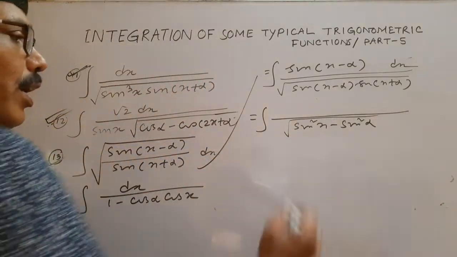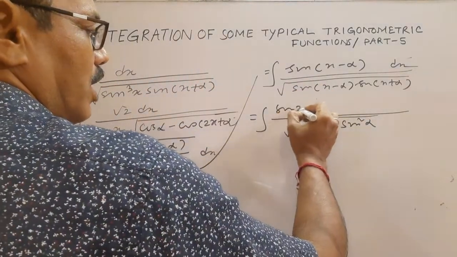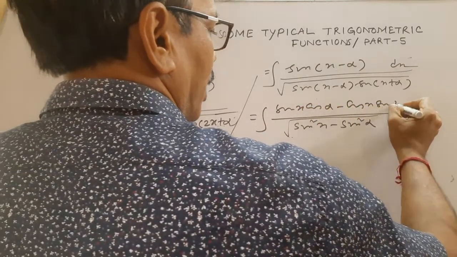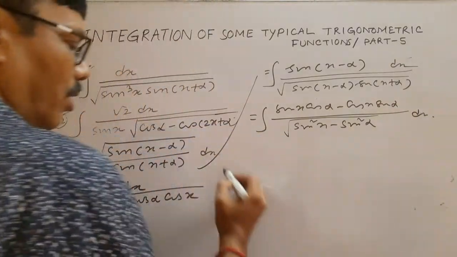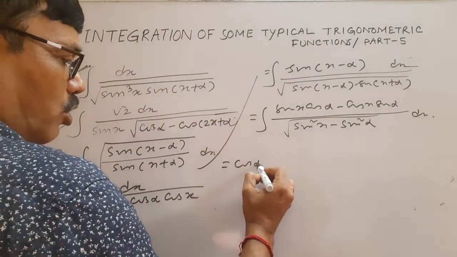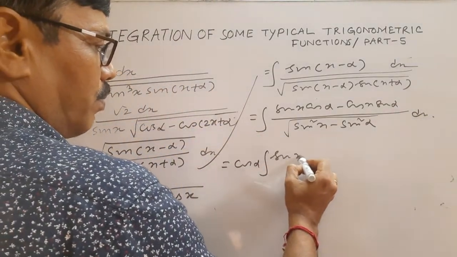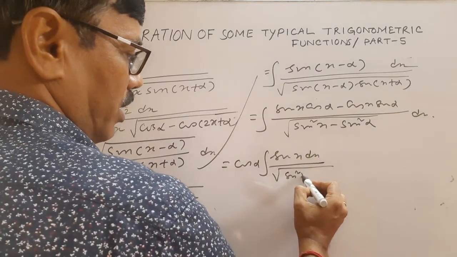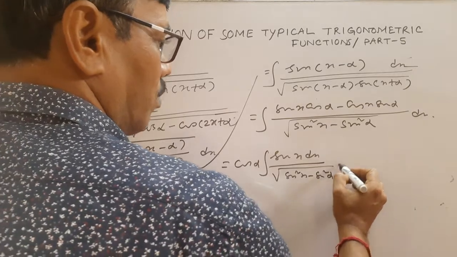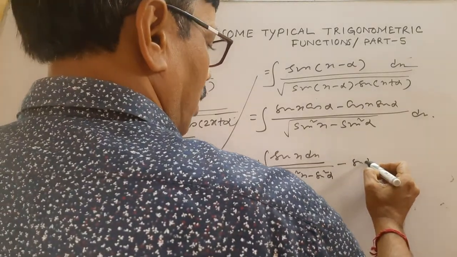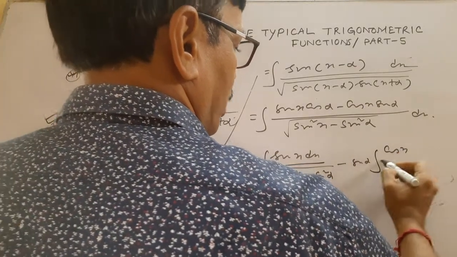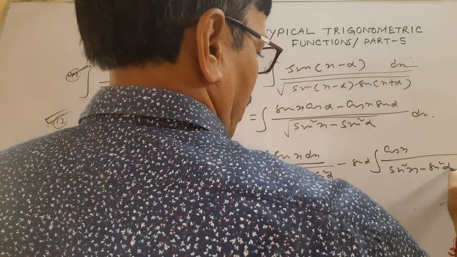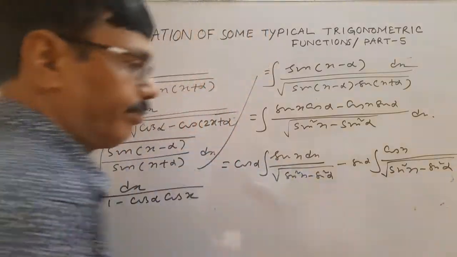This one is sin x cos alpha minus cos x sin alpha dx. So cos alpha is constant. Make it a difference of two integrands: sin x dx by sin square x minus sin square alpha, minus sin alpha outside, cos x dx by sin square x minus sin square alpha.